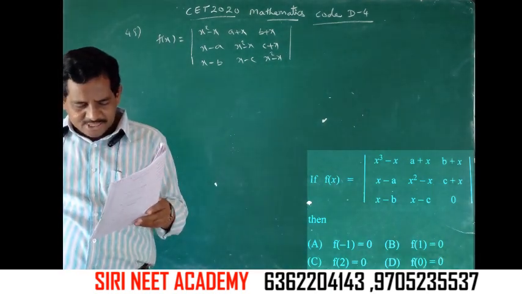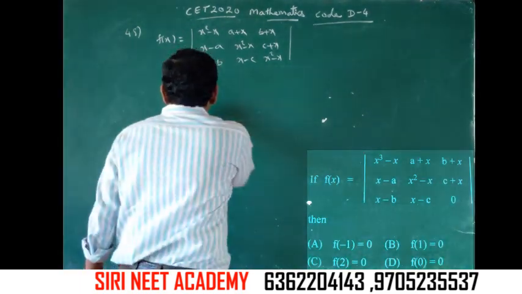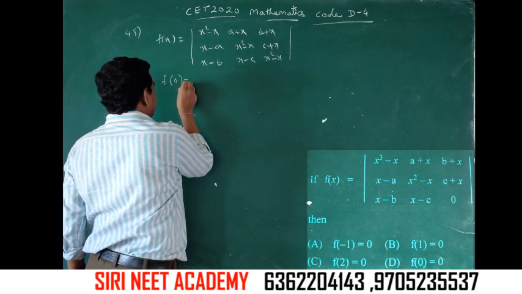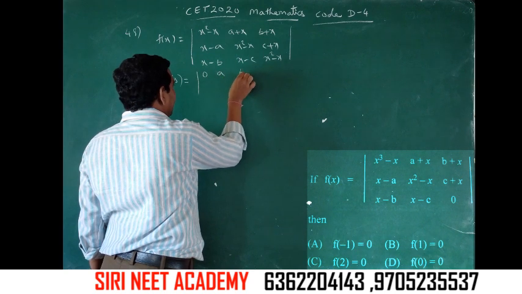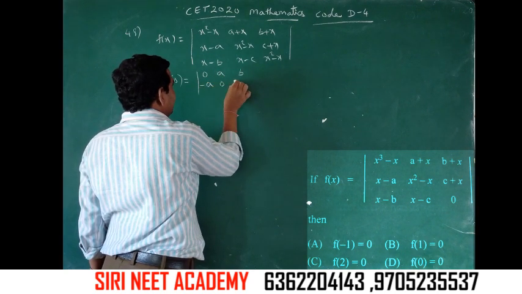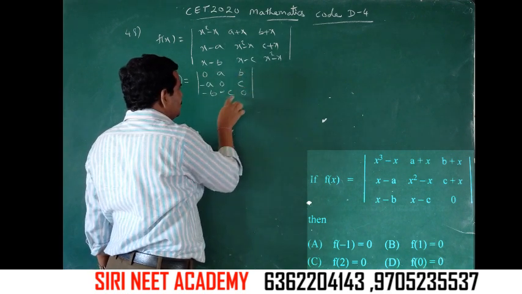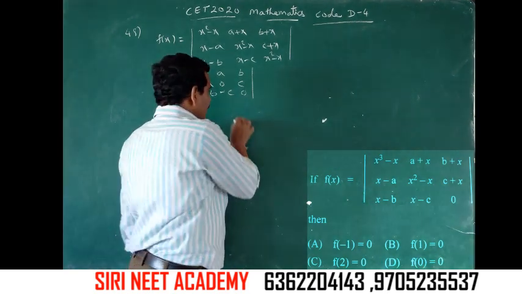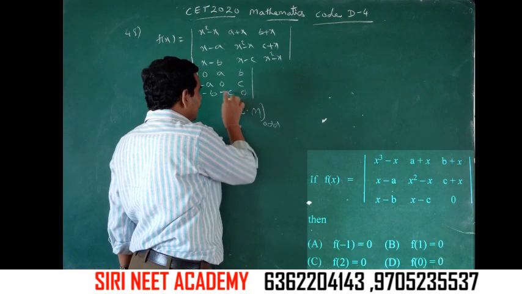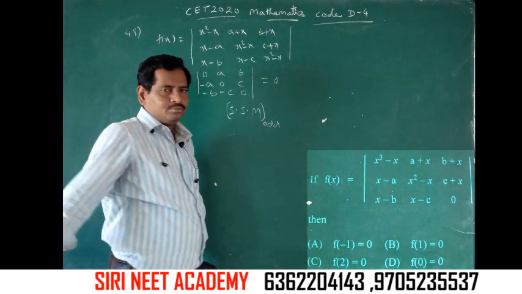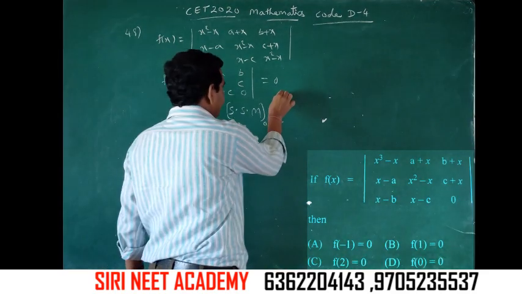Then options f of minus 1, f of 1, f of 2, f of 0 values are given. First, let us verify f of 0. This becomes 0 a b, minus a 0 c, minus b minus c 0. Matrix is skew symmetric matrix. Skew symmetric matrix of odd order 3 by 3, determinant value 0. So option D.